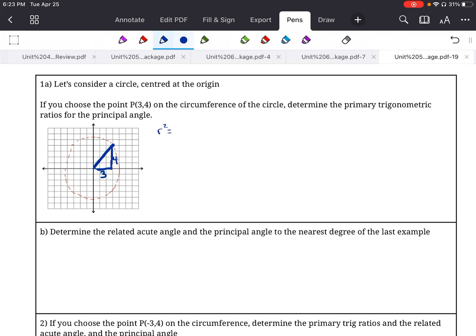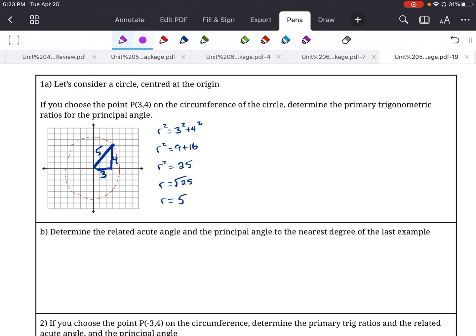So r squared equals 3 squared plus 4 squared, 9 plus 16. So r is the root of 25, and since we can actually find the root of 25, it is 5. That's called r because it's a radial arm. So terminal arm and radial arm mean the same thing, but it is the radius of the circle.